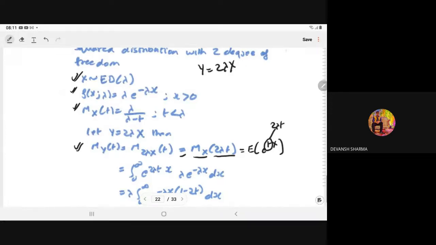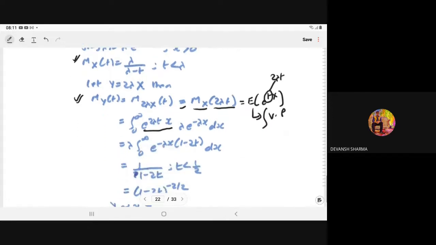Expectation, we know, is the integration of value into probability. So e to the power 2 lambda t x into the pdf, because X follows the exponential distribution, lambda e to the power minus lambda x dx.